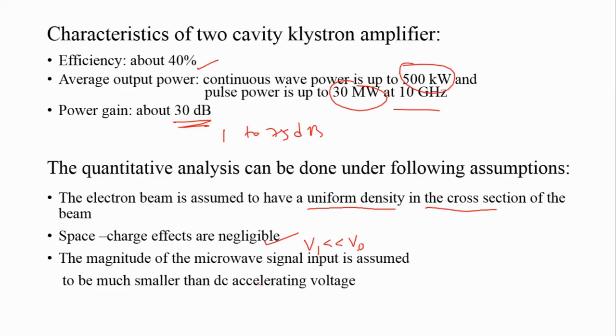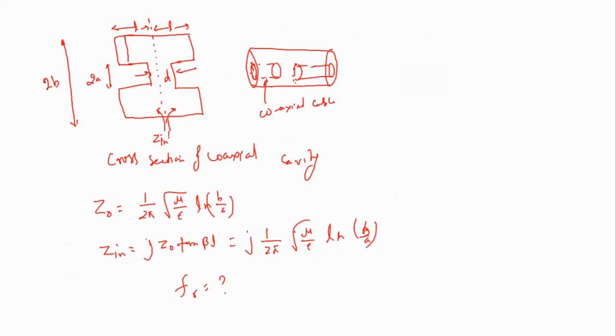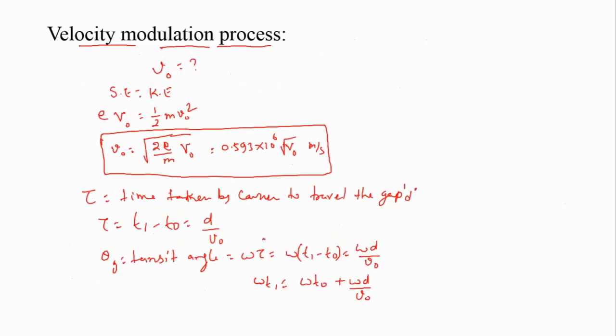In the quantitative analysis we saw some assumptions: we had uniform density throughout the cross section of the beam, the space charge effect should be negligible, as we saw in the bunching process, and the magnitude of the microwave signal, that is V1, should be much less than V0. And we saw the characteristic impedance and input impedance.